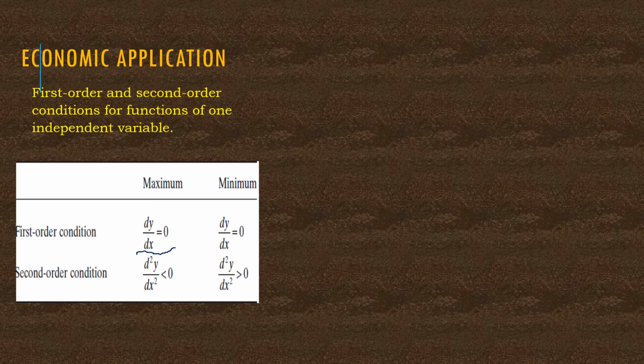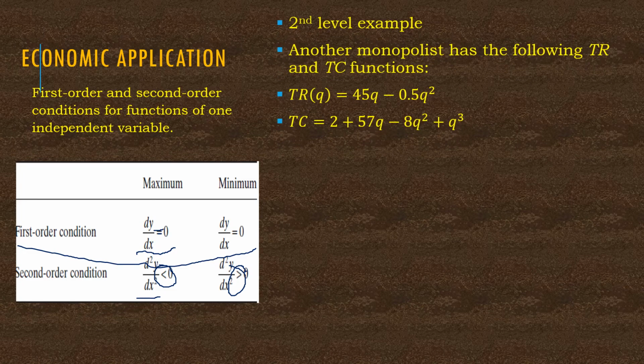The second order condition will always be this one. Remember the formulas. If it is considered to be a maximum, it must be less than 0. If it is considered to be minimum, it is greater than 0. Pag first order lang at gusto mong malaman ang maximum at minimum, you always just equate it with your 0. Ganyan po when it comes to the first order and the second order.